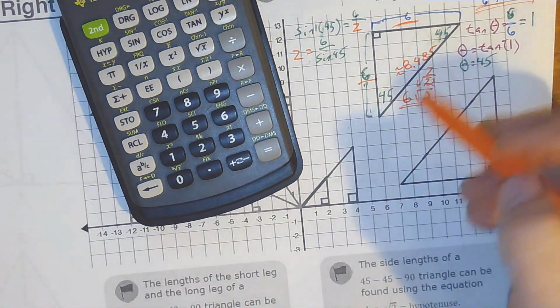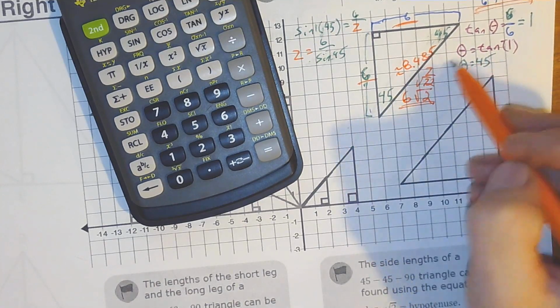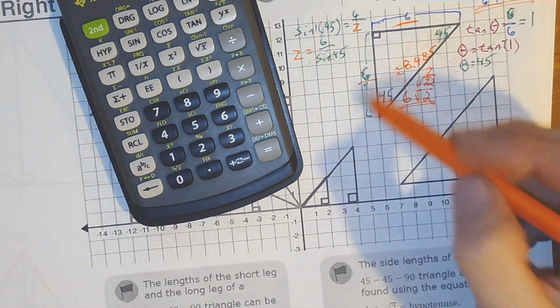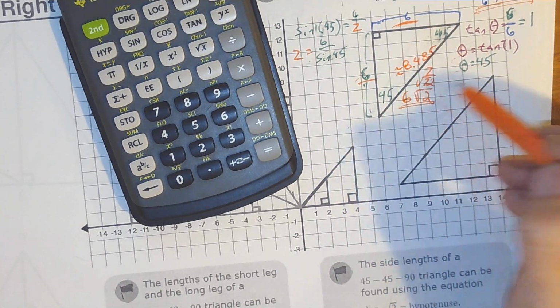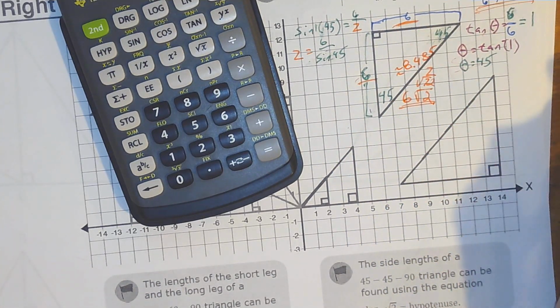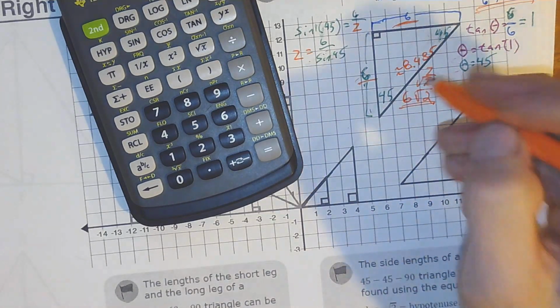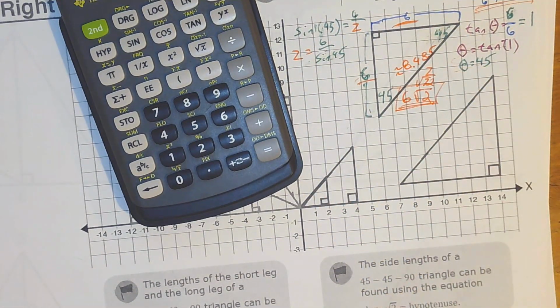That is all that distance. You could have done it with tangent, or you could just say, oh, this is a 45-45 triangle. I'm just going to take the length of the leg and put square root of 2 behind it, and lo and behold, I have the length of the hypotenuse. Much easier.